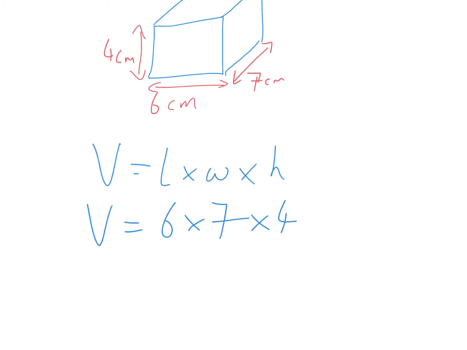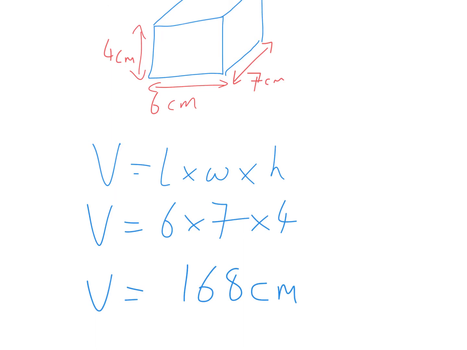Now it doesn't really matter which order you do them in, because multiplication is commutative. 3 by 2 is 6, but 2 by 3 is 6. So you can jumble them around and you'll still get the same answer. And then you just put that into your calculator, 6 by 7 by 4. And the answer that comes out is 168, and then we just add our unit, which is centimeters.